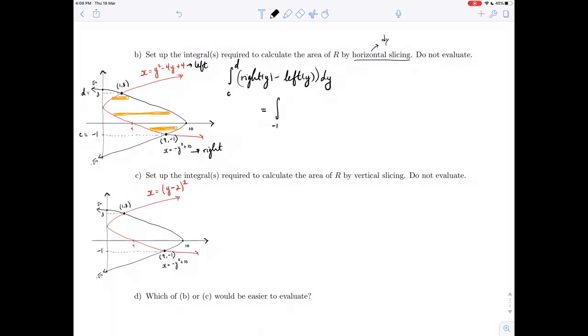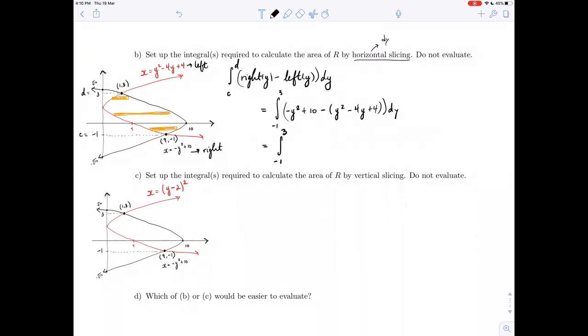So the integral from minus 1 to 3 of the right curve, minus y squared plus 10, minus the left curve, y squared minus 4y plus 4, dy. And if the question said set up and do not simplify, then we could leave it as it is, but why don't we just do a little bit of simplification here.